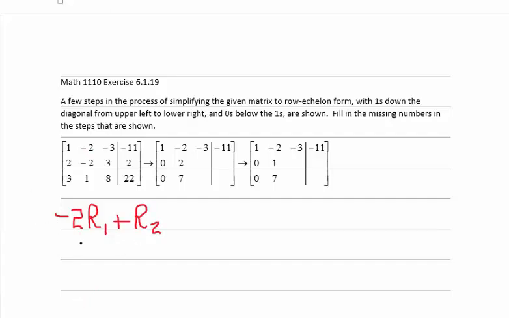So let's look at these processes. So we're taking the row 1 column 1 element and multiplying it by -2. And then we're adding the original column 1 row 2 element to that.